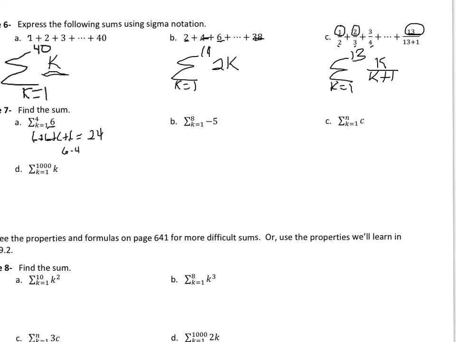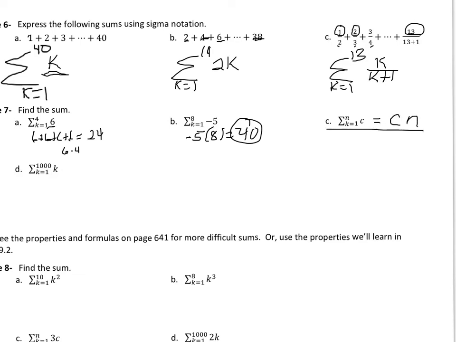Now part B, we are doing -5 8 times, which gives us a sum of -40. Now on part C, to expand those two into general terms, if I have the sum from k equals 1 to n of C, then my answer is simply C times n, and that's the first formula that you need to know.